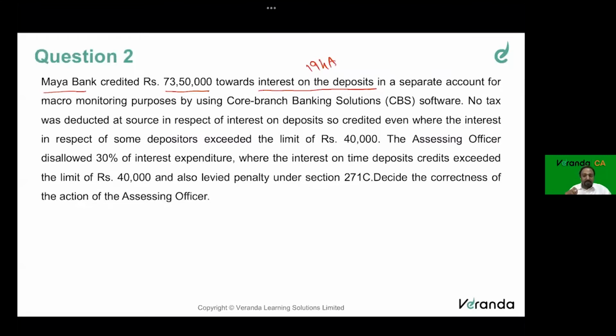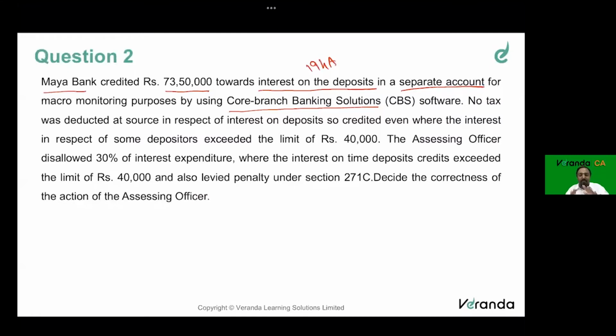But here what they say is, this interest is deposited in a separate account. For what purpose? It's basically for using the core banking solution. So for some monitoring purposes, let's say it is for an internal bank process.